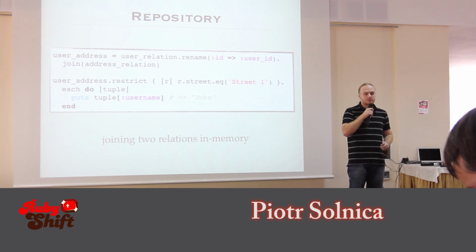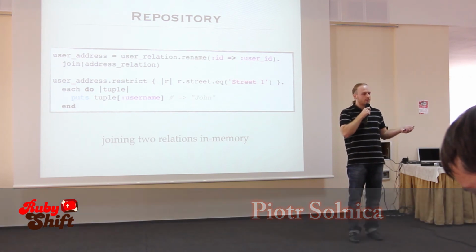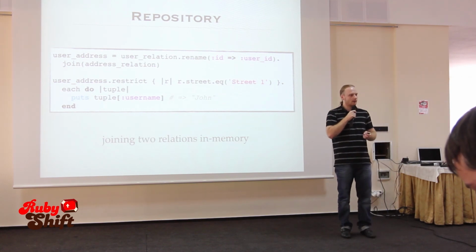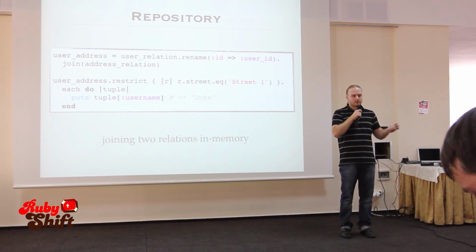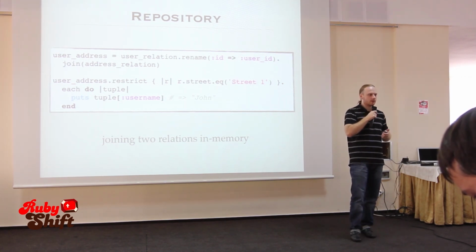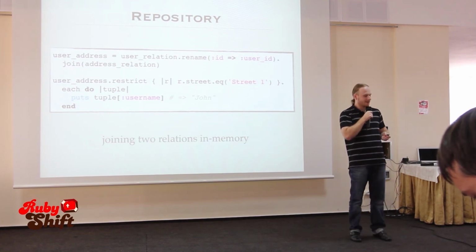So you can use Veritas to perform all those operations in memory, and it's quite handy. So feel free to use it already, because Veritas has been released, it's stable, and its version is below 1, but it's stable in a way that it works. So yeah, and thank you, that's it.